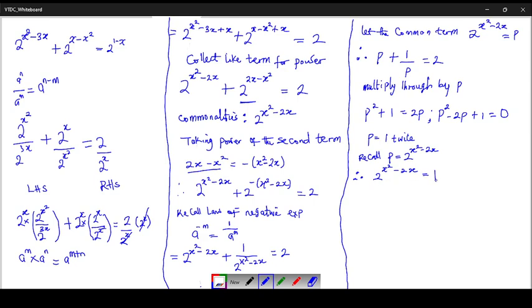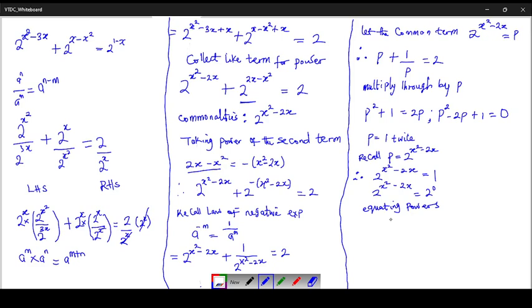We recall that anything to the power of 0 is equal to 1. So I would say 2 raised to the power of (x² − 2x) is equal to 2 to the power of 0. So I could say, equating powers.